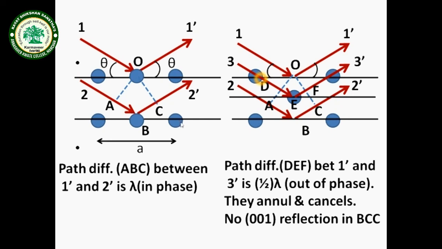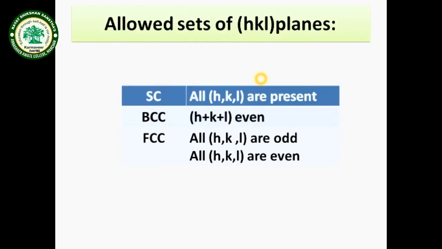As a result of that, the path difference between 1 prime and 3 prime is equal to lambda upon 2. And this is the condition of out of phase. As a result, the 1 prime and 3 prime X-rays annul each other, and they are cancelling each other. And the 0, 0, 1 reflection is absent in this particular type of unit cell.